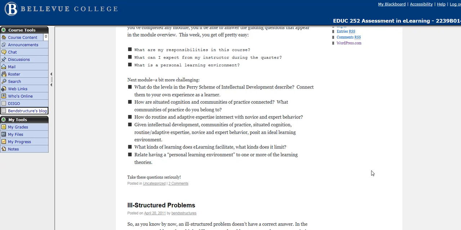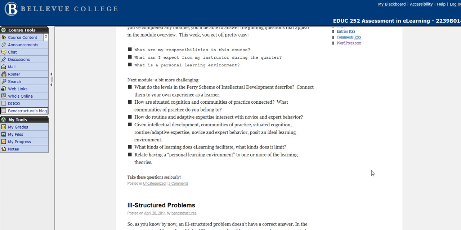How does that apply to what we're learning and to our everyday life, and to being an instructor or facilitator in an e-learning course? And how do routine and adaptive expertise concepts intersect with novice and expert behavior concepts? Well, that probably falls under Perry's schema of intellectual development, but I will soon know about that when I start reading.